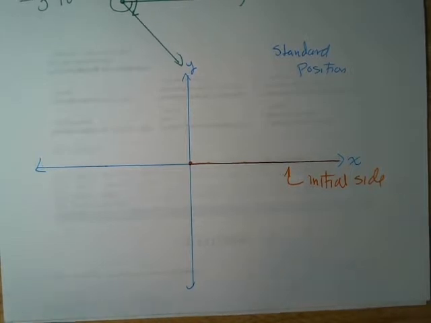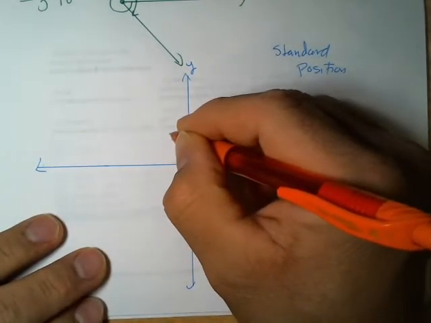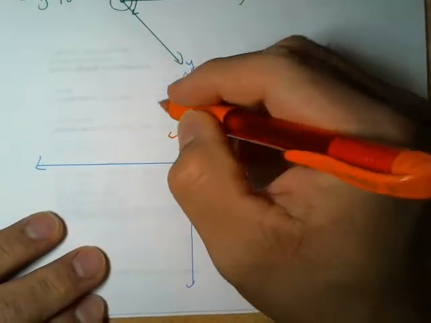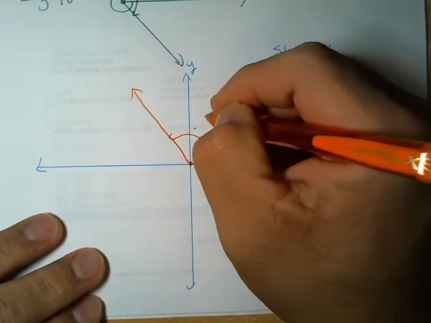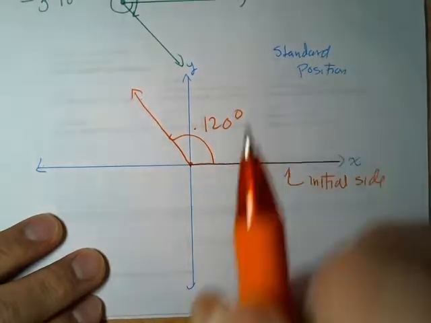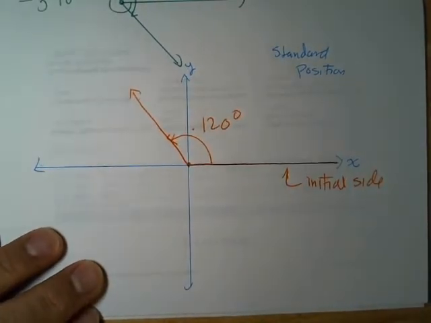If it's a positive angle, let's say we'll call this 120, just eyeballing it here, this will be 120 degrees, oriented going counterclockwise.